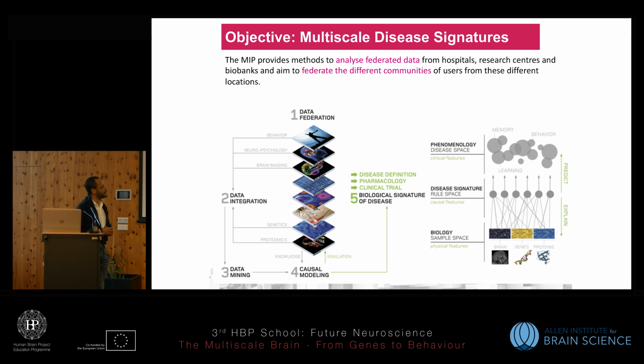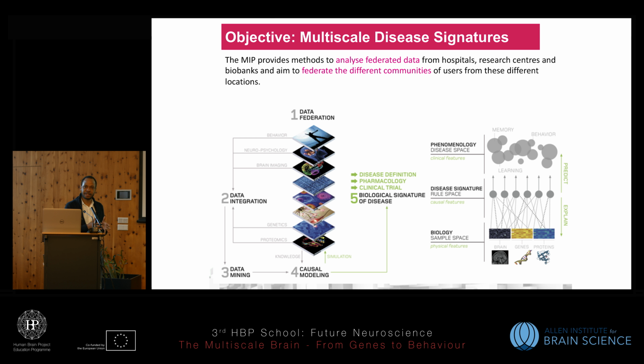The observation, what we call the phenomenological space or the disease space, is the observation made by clinicians. It is about behavior, about memory, about learning, and so on. At our disposal, we have the multimodal observations: brain imaging, genetic and protein measurements. And up to now, people were working in silos.